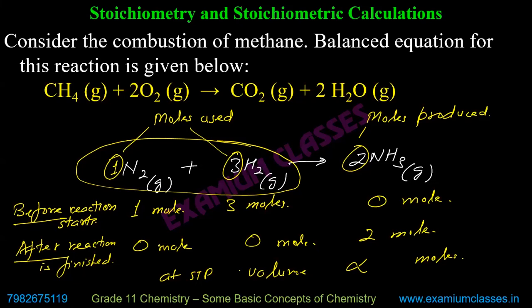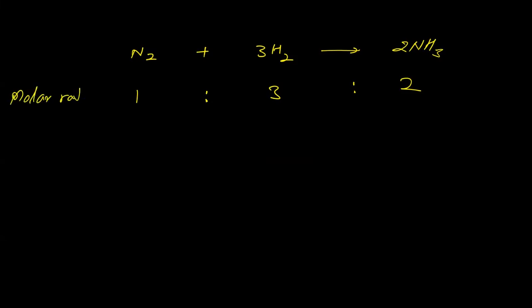So if the ratio of moles is 1 is to 3 is to 2, for N2 plus 3H2 combining to give 2NH3, then the same will be the volumetric ratio.